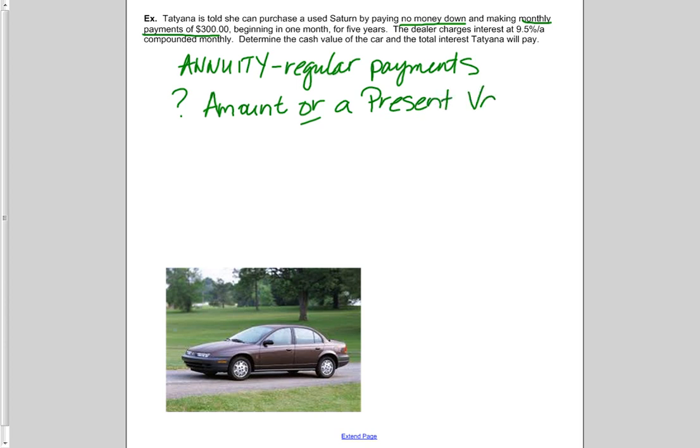The present value problems that we have done so far is, how much do I put away right now in order to pay myself a certain value? This question here with the car is also a present value problem because she wants a loan. And a loan is money you want right now that you're going to pay off.